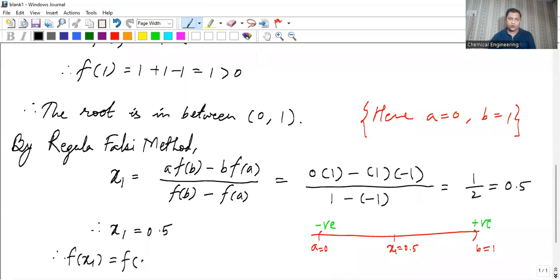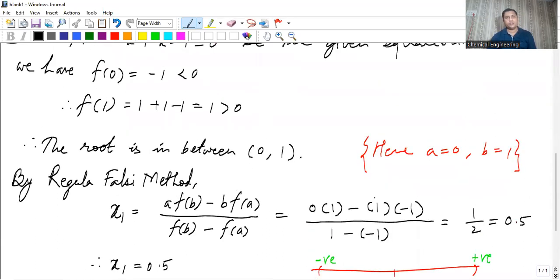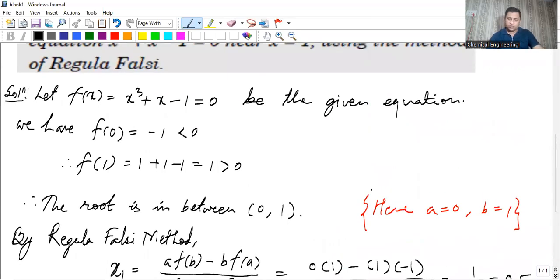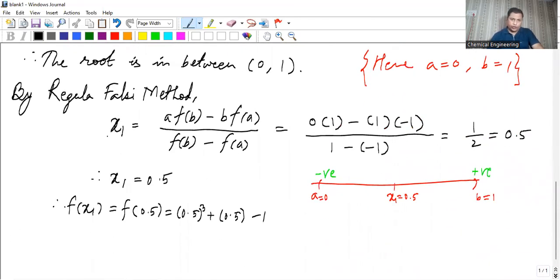So let us find the value of this function at x equal to 0.5. The function is x cube plus x minus 1, so it is 0.5 cube plus 0.5 minus 1. 0.5 cube is 0.125, plus 0.5, minus 1.